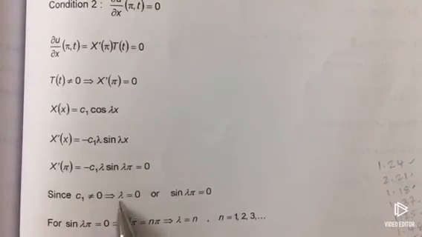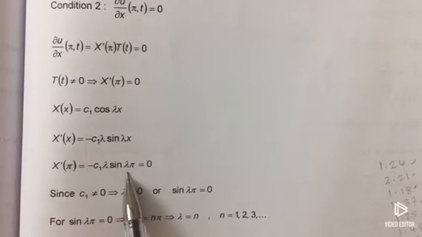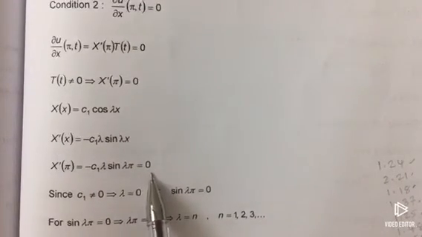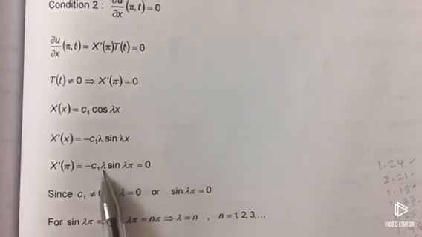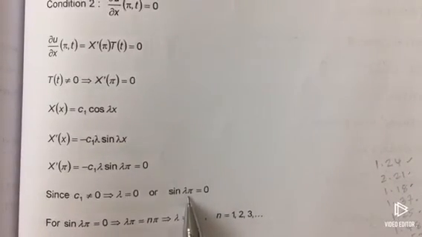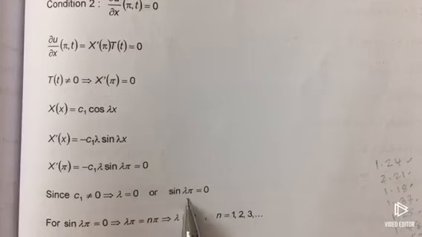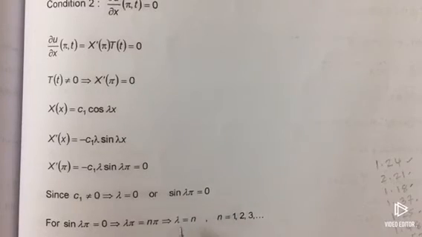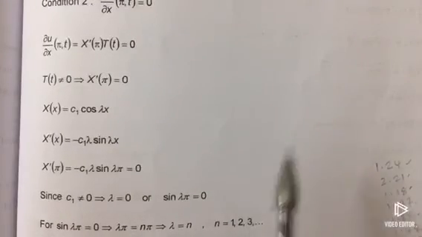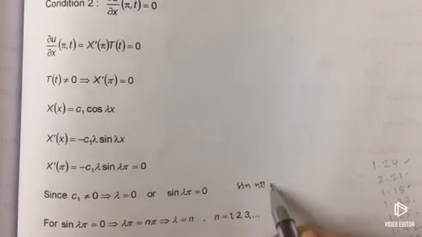So this implies that lambda equals 0 or sin(lambda pi) equals 0. From here, lambda pi equals n pi because sin(n pi) is always equal to 0.